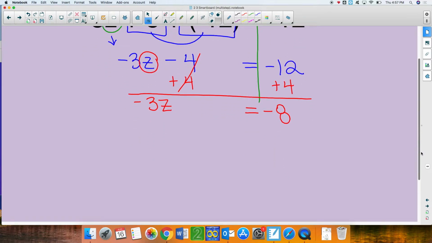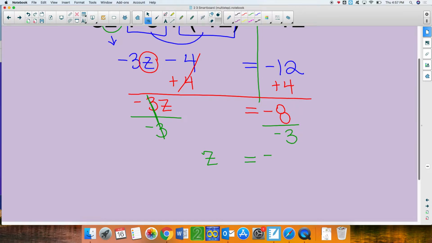Now to solve for z, negative 3 is being squeezed. That's multiplication. So I'm going to divide by that negative 3 on both sides of the equal sign, or both sides of the wall. Those are going to become a positive 1z equals, and if you do that on your calculator, you're going to get a decimal.